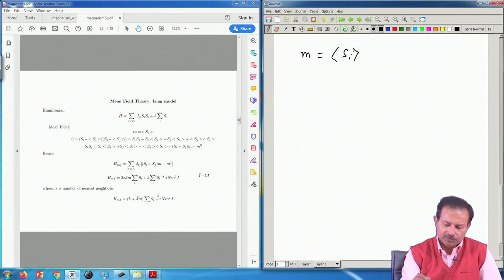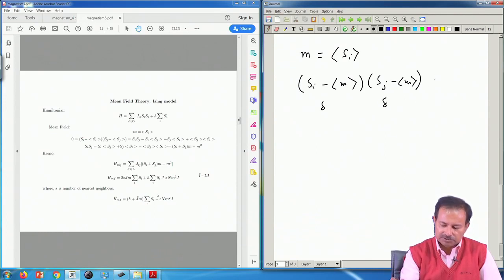So, if you do that approximation, then neglecting fluctuation means you just subtract from every S_i its mean value, so this is the deviation from the mean. So, delta, this is another deviation from the mean.